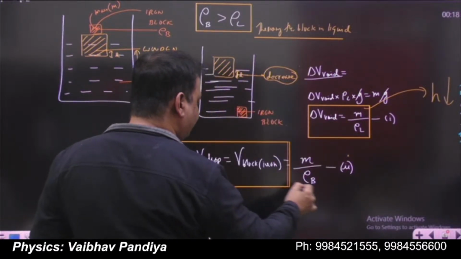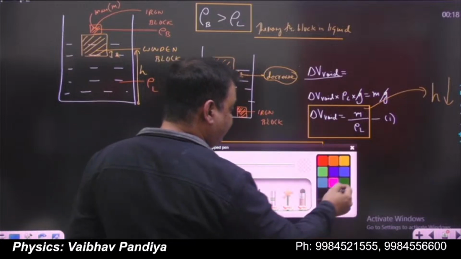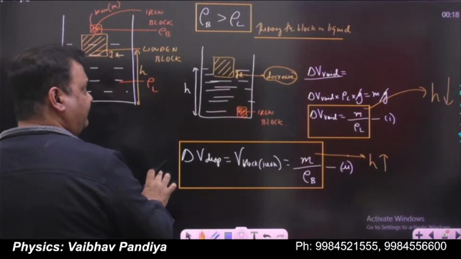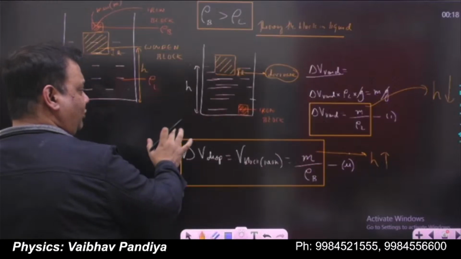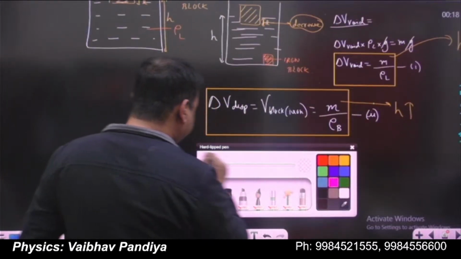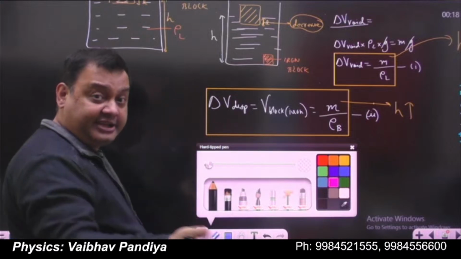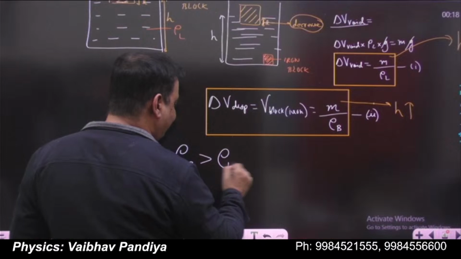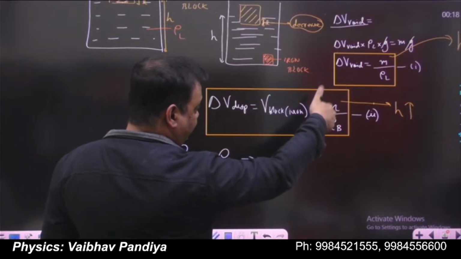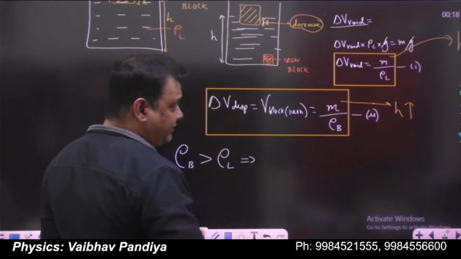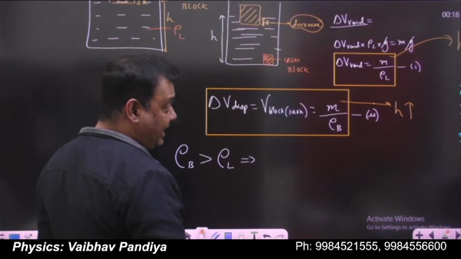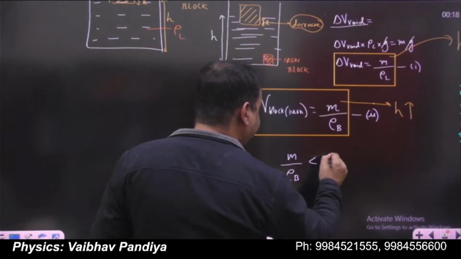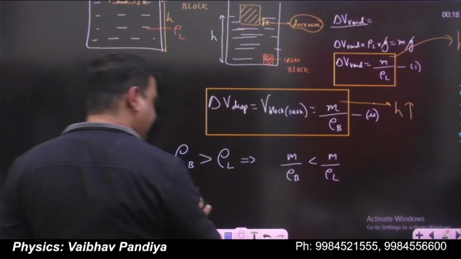And this volume will be responsible for increasing the height. There will be, of course, two simultaneous effects, as we have seen earlier. Now we know, since the object is sinking, the density of the body is greater than the density of the liquid, and in both the fractions the numerator is the same, so the fraction which has a greater denominator has a lesser value. So it implies that mass upon density of body is less than mass upon density of liquid, correct?